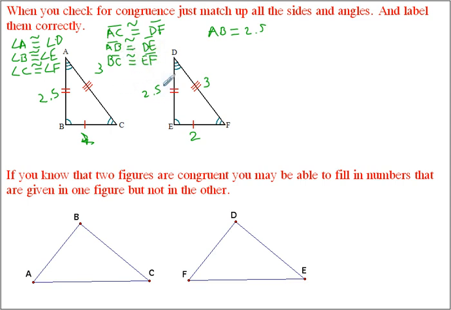And again, if I were to say that this here is, let's say, a 50-degree angle, and I was asked what's the measure of angle D, then my answer would actually be 50.